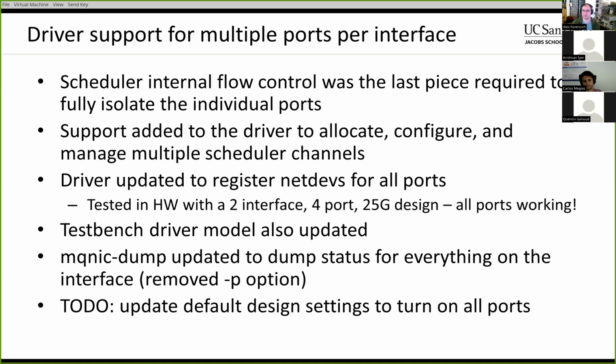So I added support to the driver to manage the schedulers better, to deal with allocating and configuring the multiple scheduler channels and associating them with the net devices and whatnot. And I updated the device driver to register net devices for all of the ports that the design is configured with. So I tested it with a 2-interface 4-port 25G design, and all the ports worked. You could use them all at the same time, and it seems to work fine.